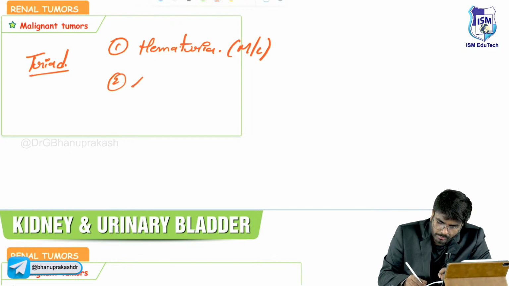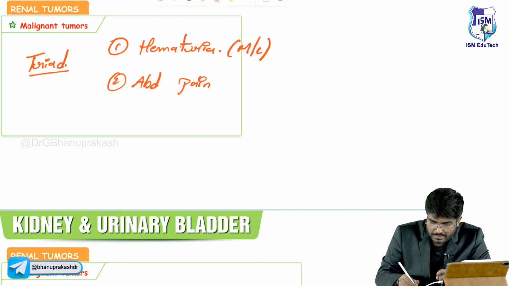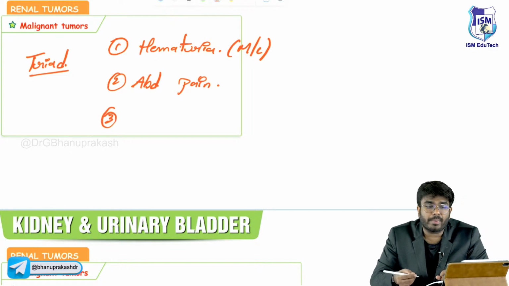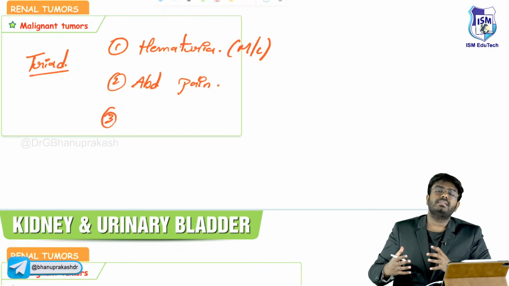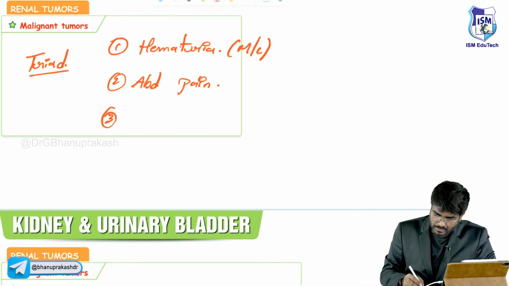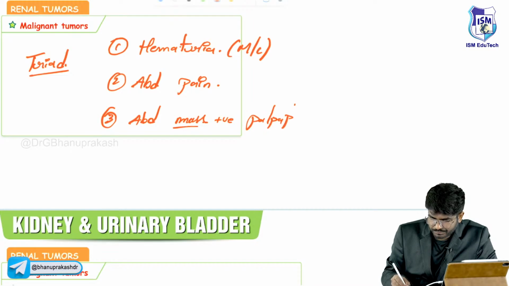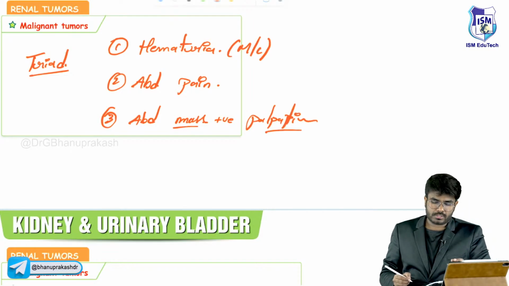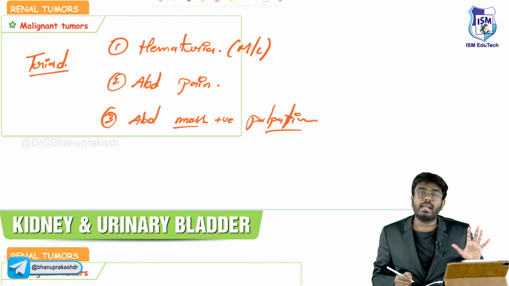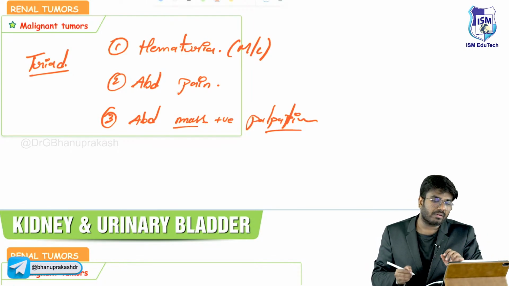Second one, abdominal pain. And because there is a tumor growing, there will be an abdominal mass, which can be felt on palpation. So, hematuria, abdominal pain and abdominal mass are the triad of symptoms.